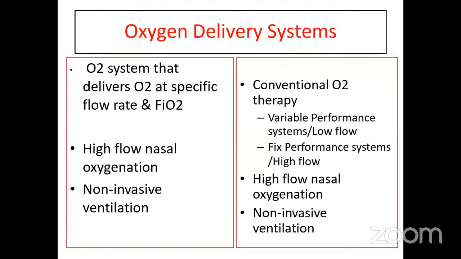Conventional oxygen therapy can be with variable performance also, like a non-rebreathing mask, in which we can increase or decrease the flows. Fixed performance systems we all know, then high flow nasal oxygen systems like HFNC, and non-invasive ventilation. In the earlier talk we have talked about NIV.